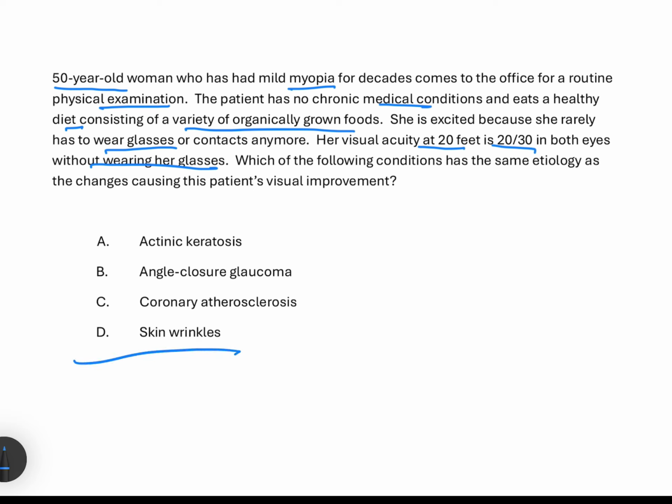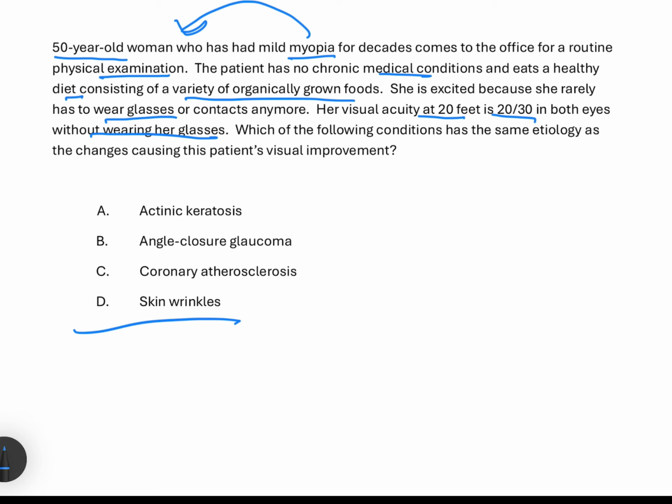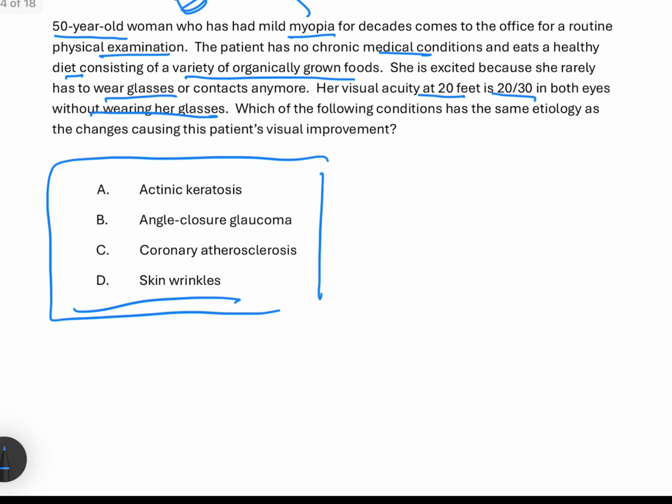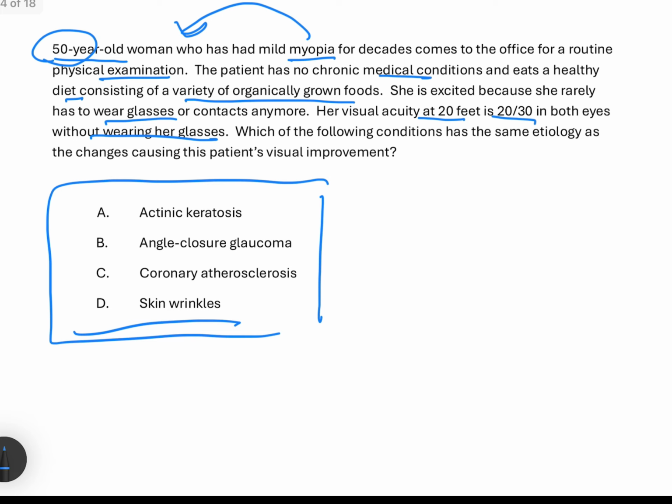Guys, in this, the main condition, they are saying that a woman has myopia, but with time, the myopia is spontaneously resolving. Why is myopia resolving and eyesight getting better? And the reason has the same etiology as which of the following factors? If you check, the age is 50. It is moving toward aging.